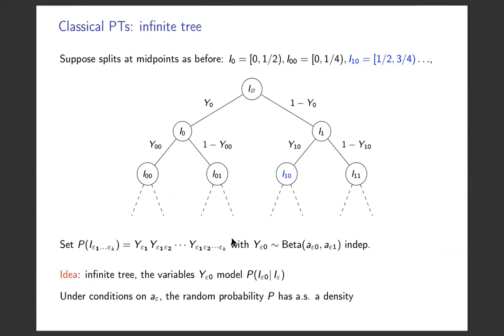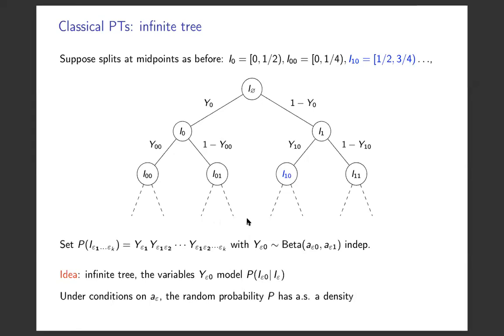The idea of the Polya tree is that these variables Y model the conditional probabilities: given that you are in a certain dyadic interval I epsilon, what's the probability that you are in the interval on the left? And under certain conditions on the parameters of these beta variables, you almost surely have a density.